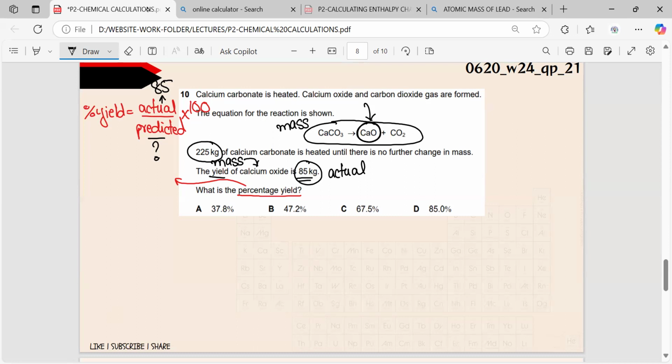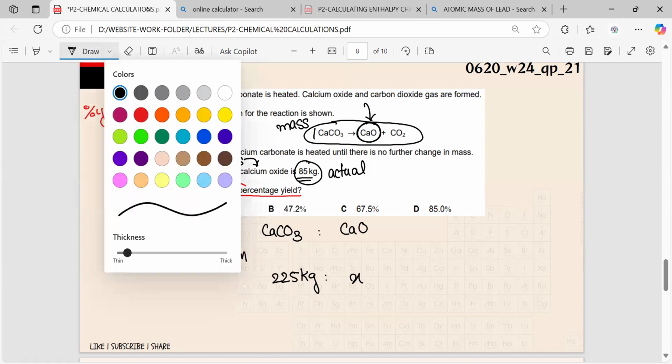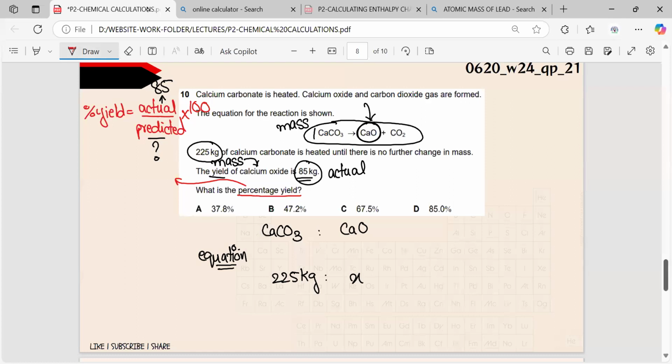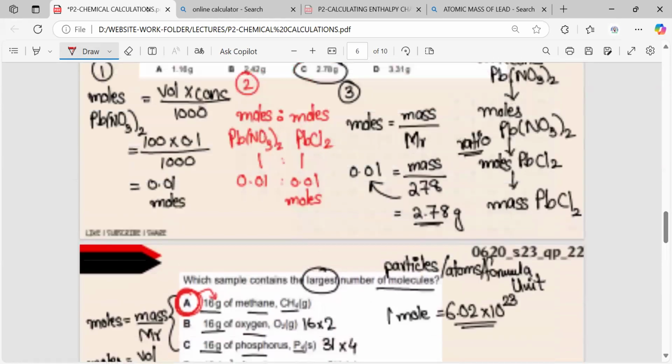Let's take the ratio. If we take the ratio between calcium carbonate and calcium oxide, 225 kilograms of calcium carbonate will give how much calcium oxide? First of all, we have to see what is their ratio in the equation. In the equation, it's 1 mole of calcium carbonate giving 1 mole of calcium oxide. We just calculated the masses above.